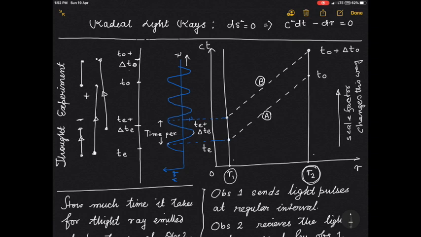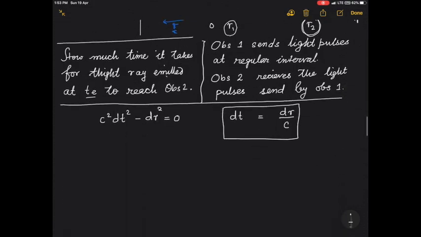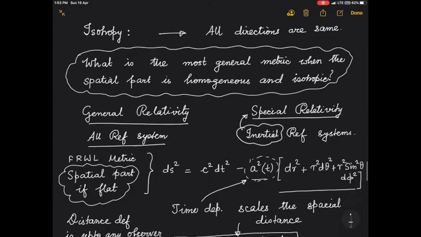If it is a light wave, the frequency is 10 to the 14 hertz, so the interval is 1 by 10 to the 14 second. The universe doesn't change by that time. A(t) is not changing by that time.